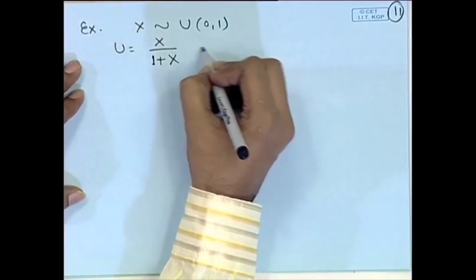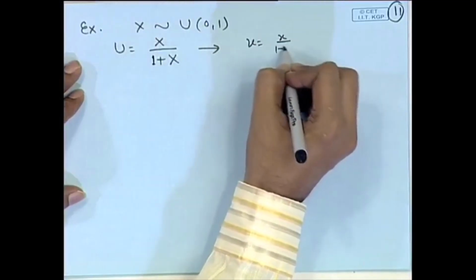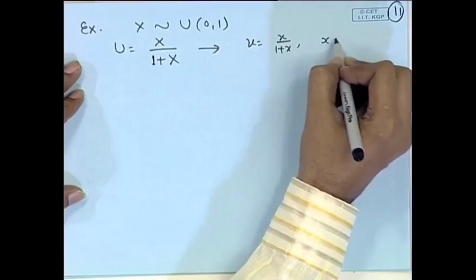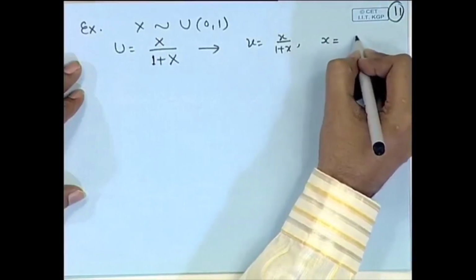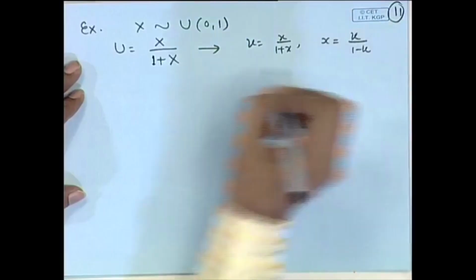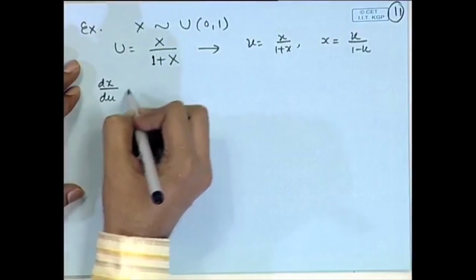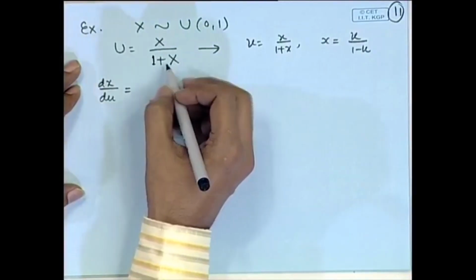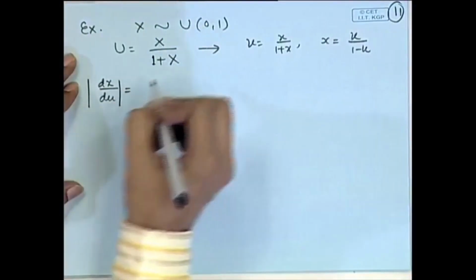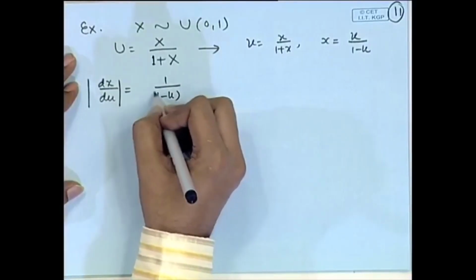In fact, if u is equal to x by 1 plus x, then the inverse function is x equal to u by 1 minus u. Let us look at the derivative dx by du, that is equal to 1 by (1 minus u) whole square.